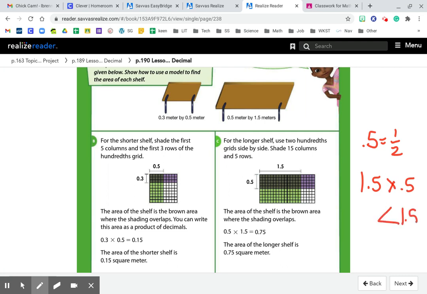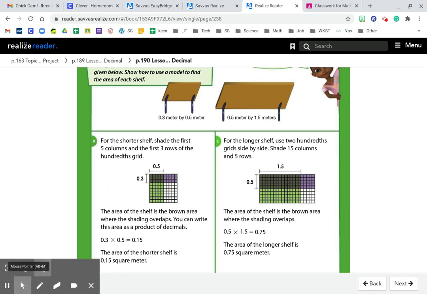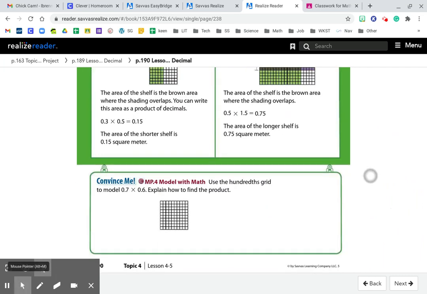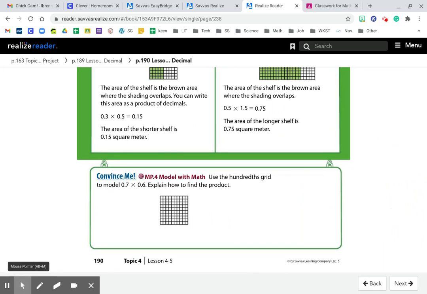Your answer will be less than 1.5 because we're taking a half of 1.5. We're taking 1.5 and cutting it in half, we wind up with 0.75. So the area of the longer shelf is 0.75 square meters. If you counted up all those little blocks, you'd have 75 of them in the picture there. So if you're still unclear on that, you can watch the video that comes with the math program.